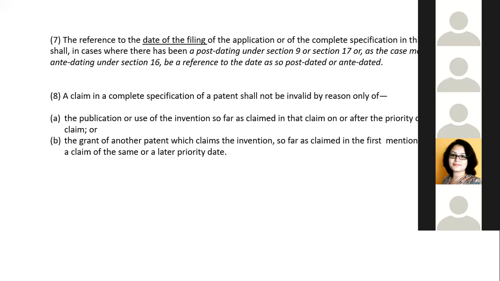Madam, point B is not clear. I am thinking of an example, but it is not coming to my mind. There are two claims for one single patent, and the one which comes as a second claim will not be in a position to invalidate the first claim.